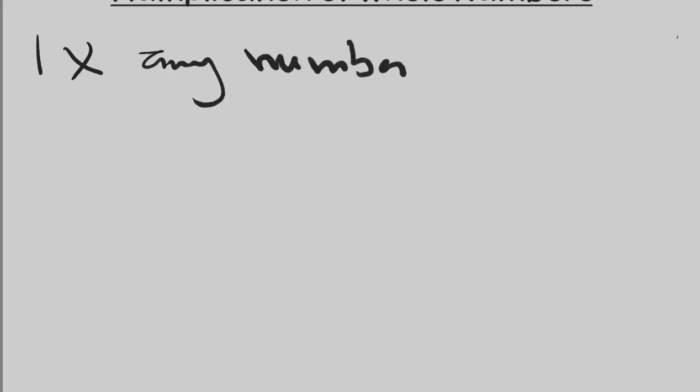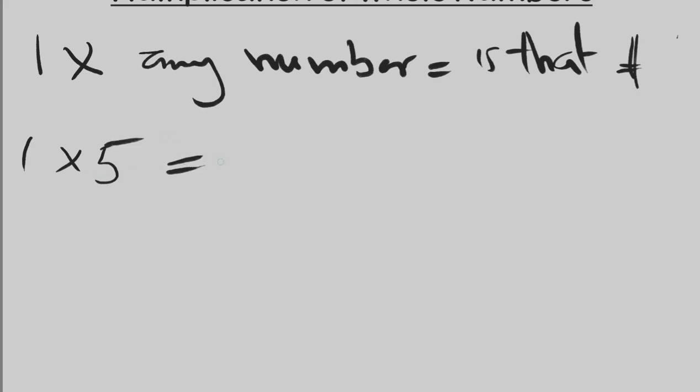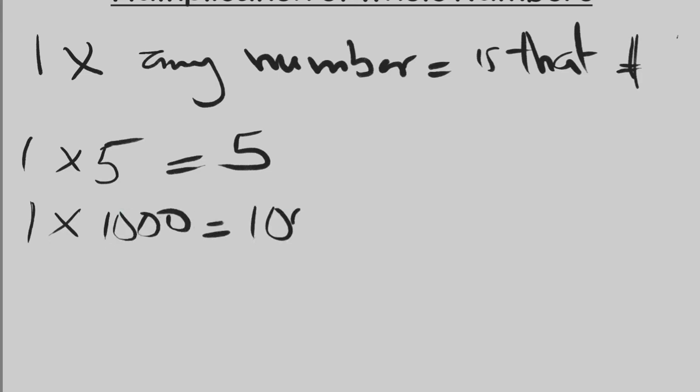One thing you should know is that in math, 1 multiplied by any number is that number. So if I have 1 times 5, it's going to be 5. If I have 1 times 1,000, it's going to be 1,000.